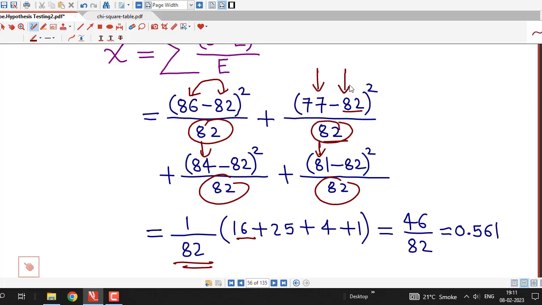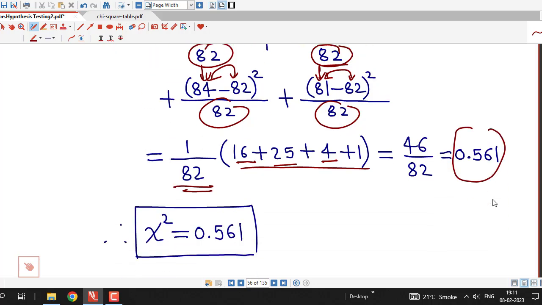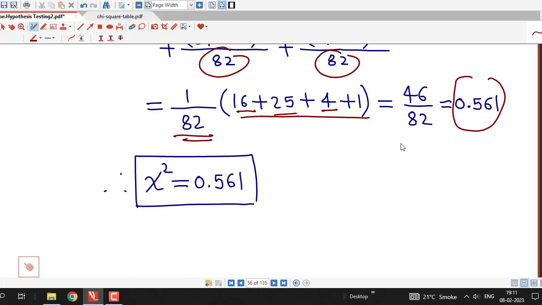Similarly, this difference is 5, so we have 5 square, 25. This difference is 2, square of 2 is 4. Here we have square of negative 1, which is 1, and this turns out to be 46 divided by 82, that is 0.561. This is the calculated value of the test statistic.